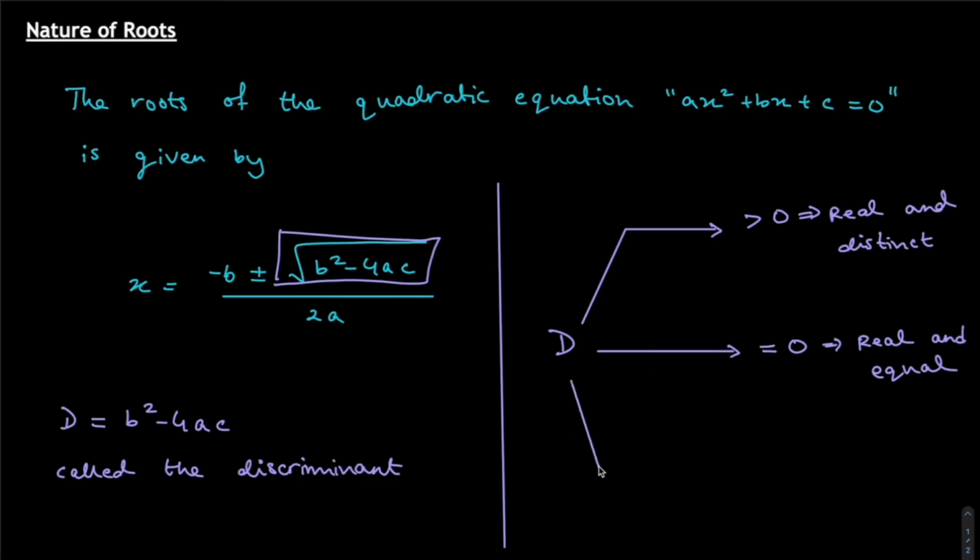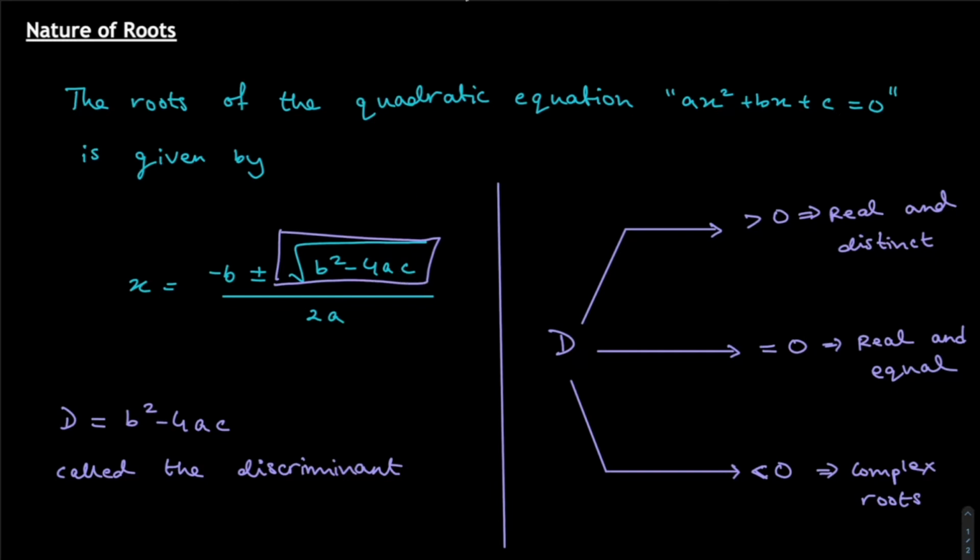Finally, and you can probably guess it by now, if my discriminant is less than 0, I have complex roots. If you've watched my complex number videos, when you have a square root of a negative number, the iota comes into play. So that's where you get complex numbers, thus complex roots.